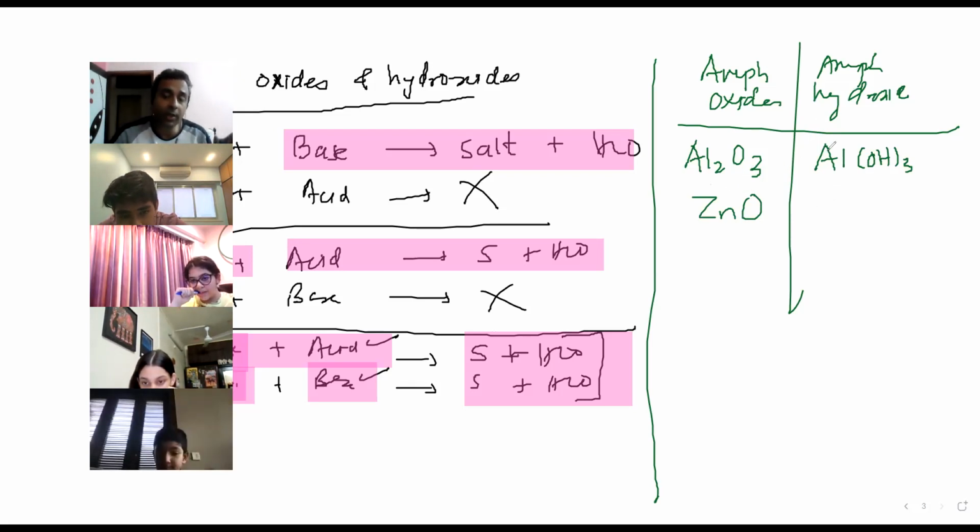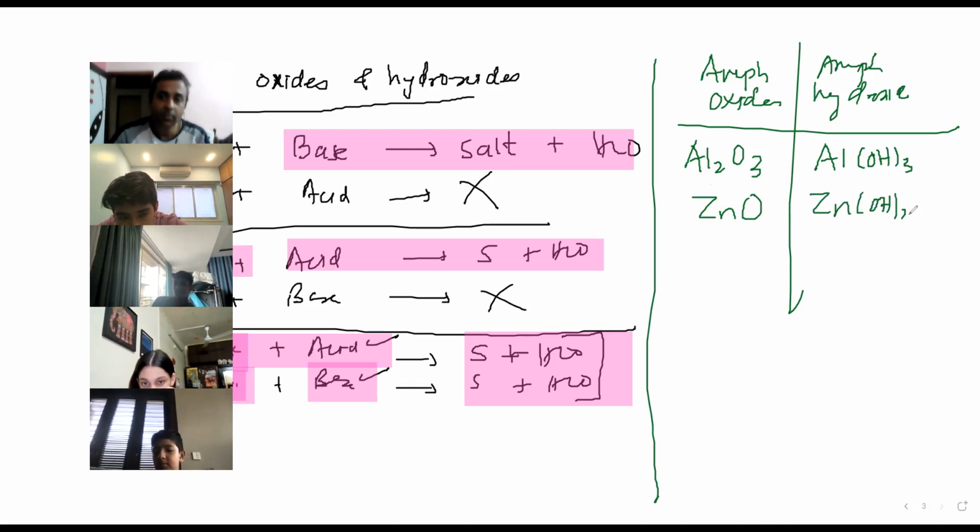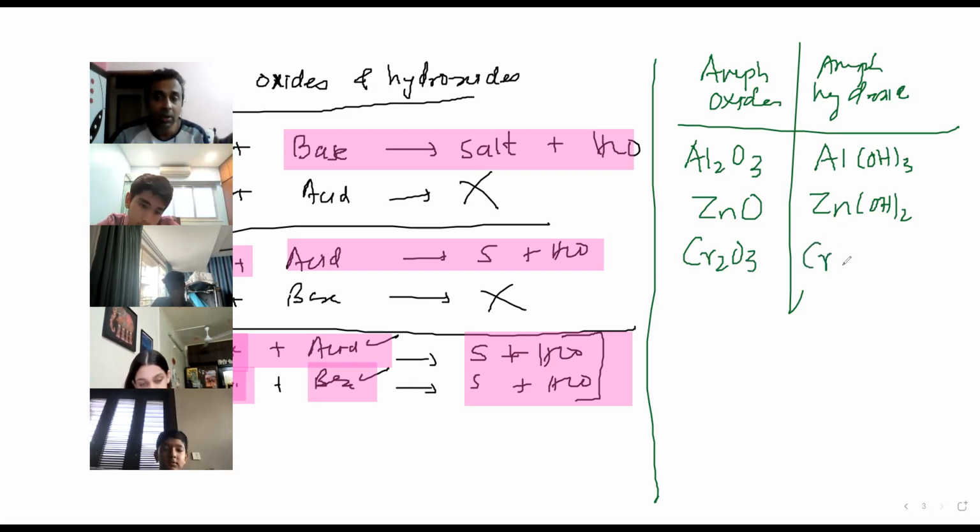So what should be the amphoteric hydroxide example? Zinc hydroxide. Third and the last example, Cr2O3, chromium 3 oxide. This oxide also can react with acid as well as base. So the amphoteric hydroxide example will be chromium hydroxide.